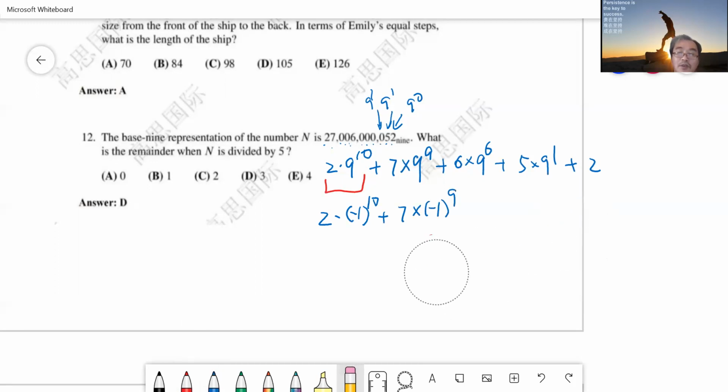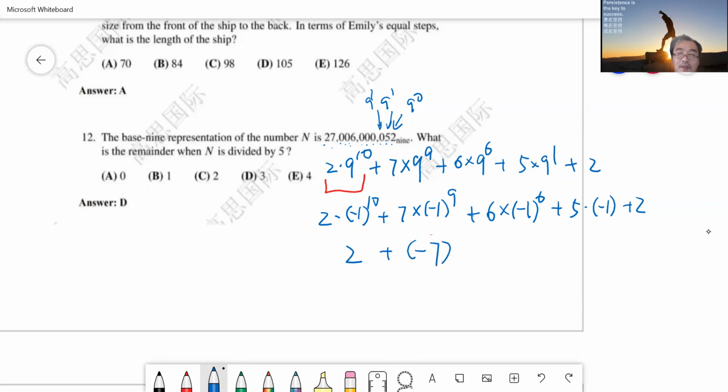Right, so we're gonna continue to do this plus 6 times -1 to the power 6 plus 5 times -1 plus 2. Right, so then this gives us 2, plus this is -7, then plus 6, plus -5, plus 2.